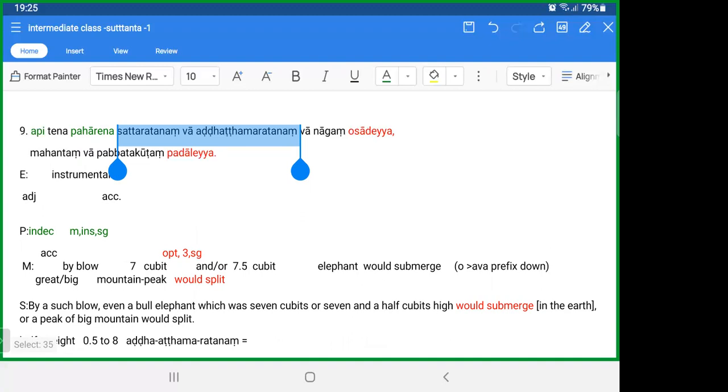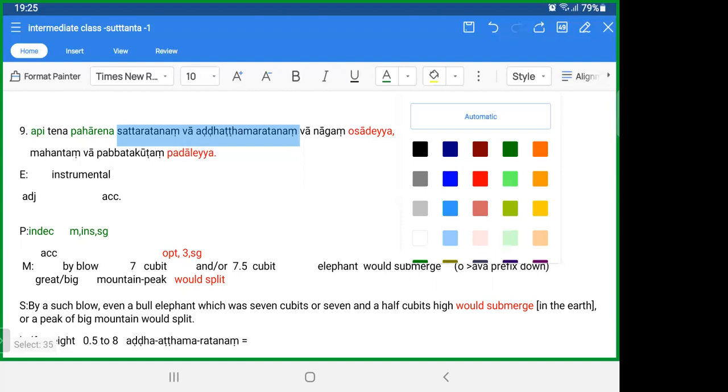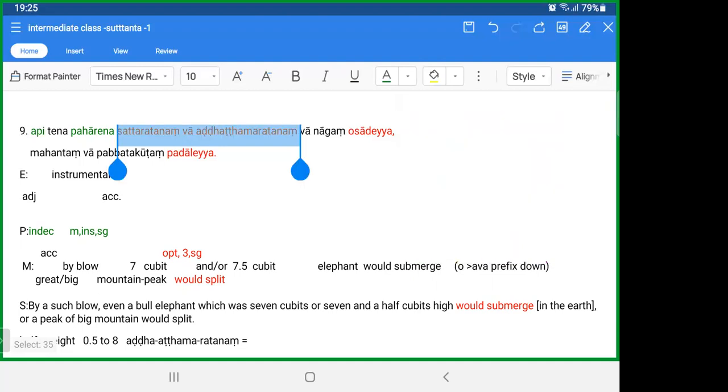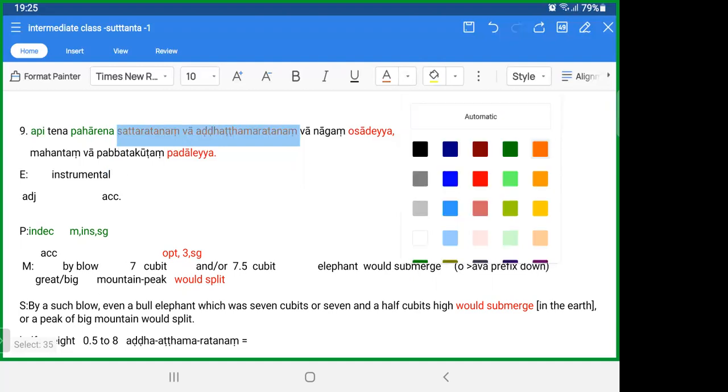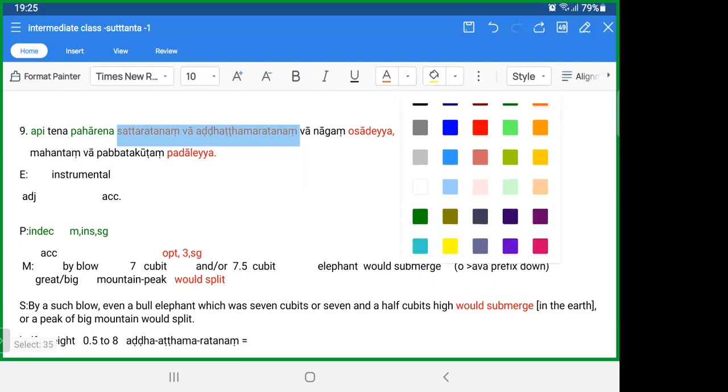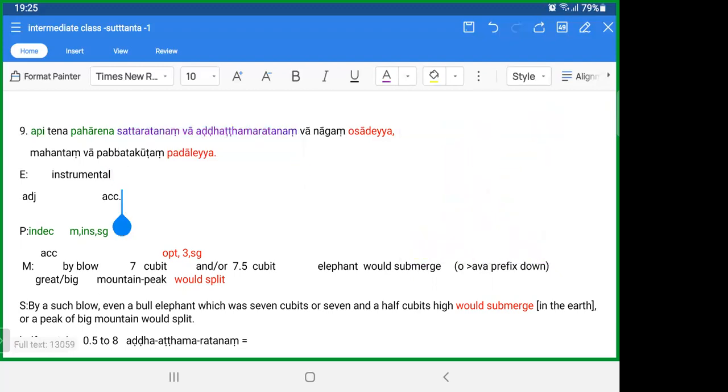It can be a short phrase, but what is the function in English? Seven cubic, or seven and a half cubic high. It's an adjective, is it? Oh yes. So it functions as an adjective here.